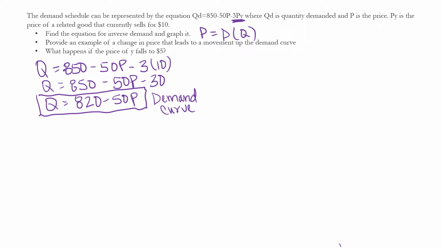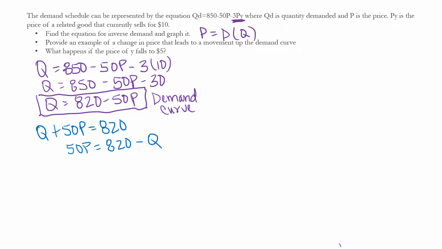So I'm going to add 50P to each side. So I get a minus 50P plus 50P, that 50P goes away. I am trying to solve this for P, so let's subtract Q from each side.